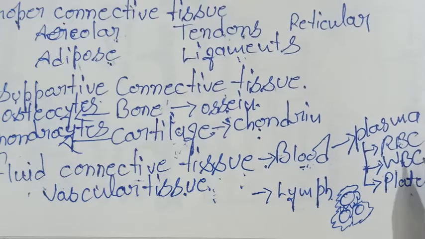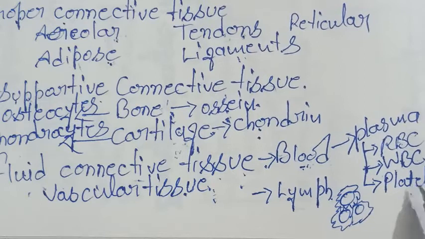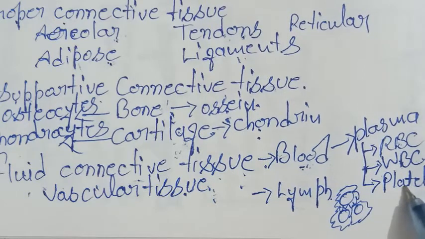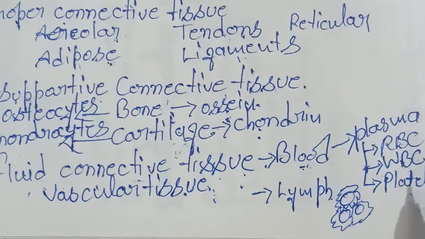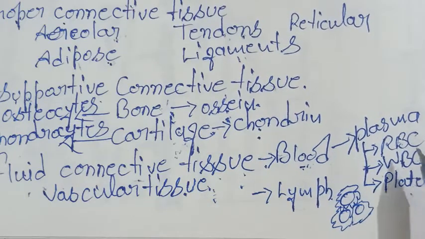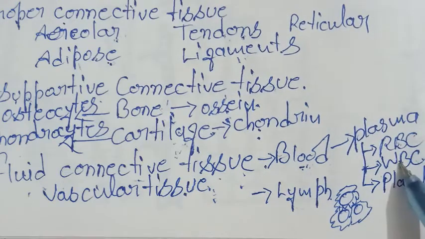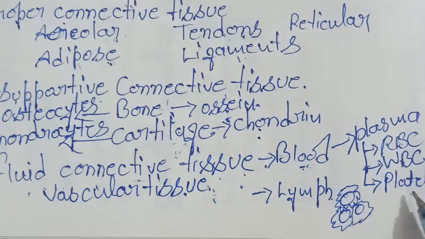By producing antibodies. Now next to this is platelets. Platelets help in the clotting of blood. You should know the other names of RBCs, WBCs and platelets. RBCs are also known as erythrocytes, WBCs are also known as leukocytes, and platelets are also known as thrombocytes.